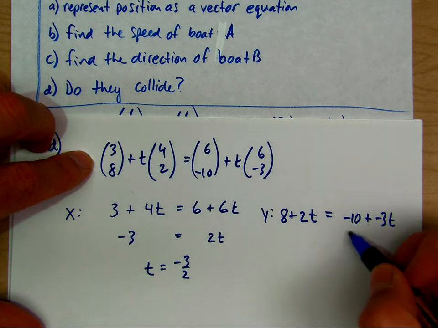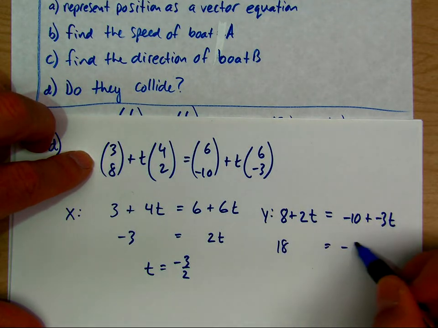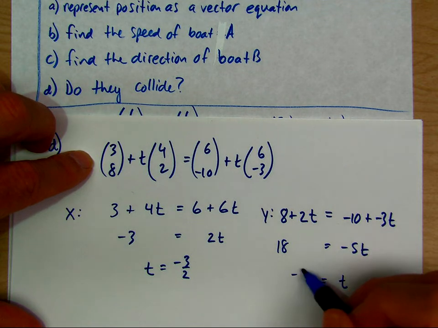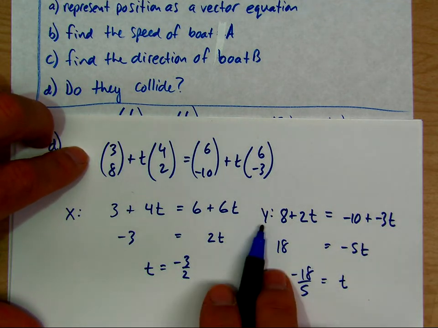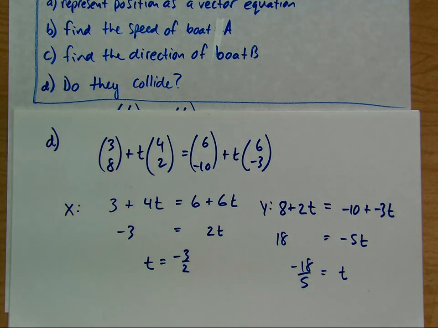So let's add 10, subtract 2, and here we have negative 18 over 5. So that's showing that the y values will never be equal going forward in time. So the boats are not in the same location at the same time, and that means they won't collide.